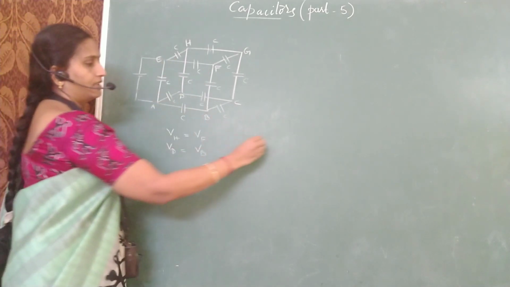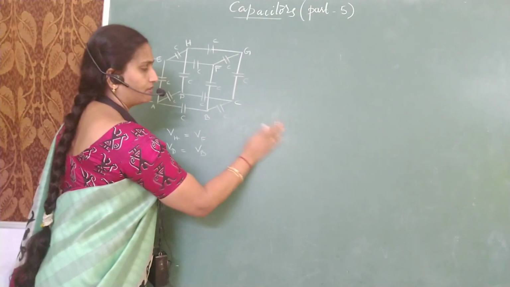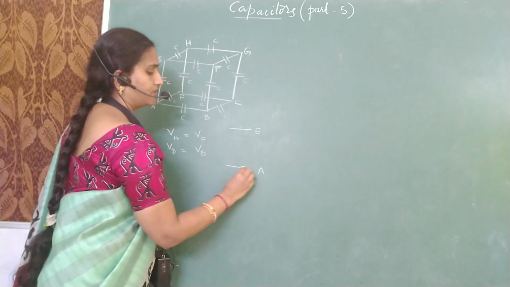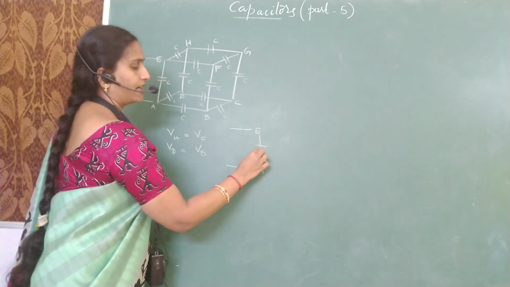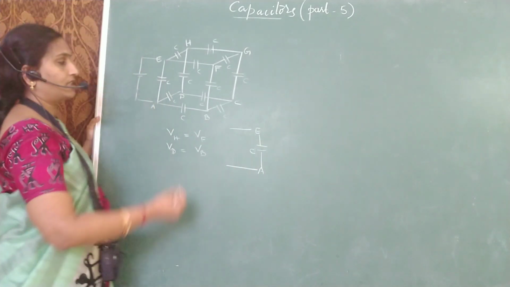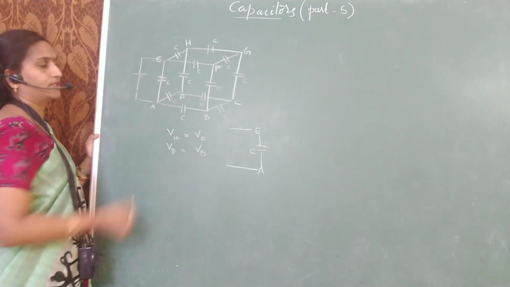Start between E and A. Redraw the circuit. These are the two ends. Here we have a capacitor whose capacitance is C. Whichever capacitor you are connecting, you cancel all that.